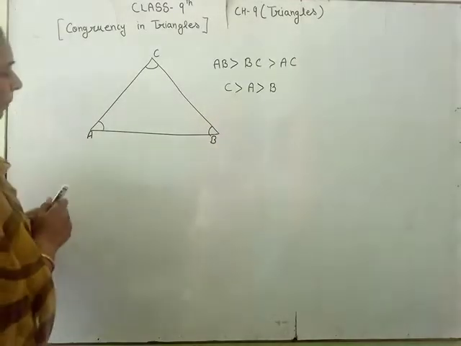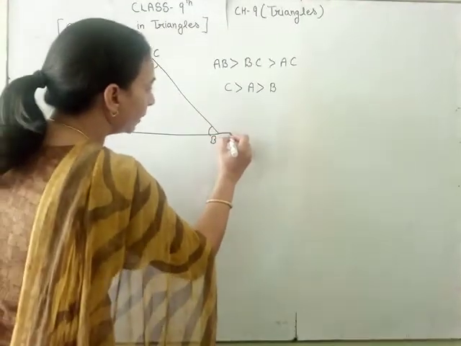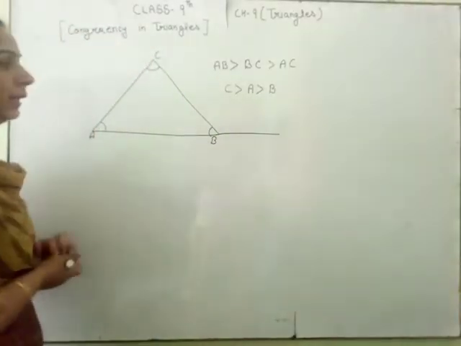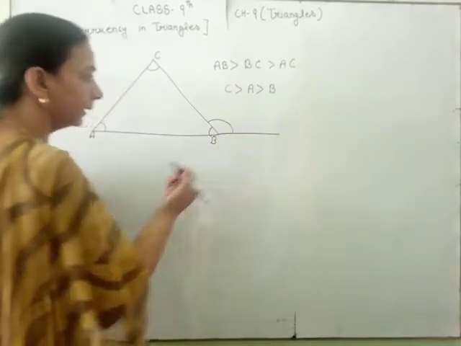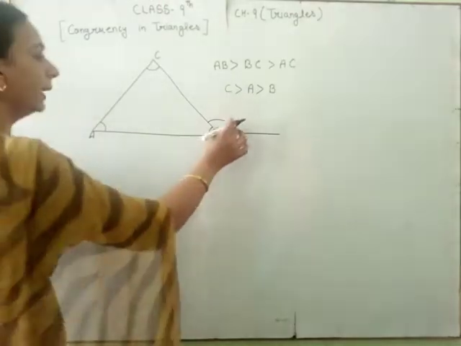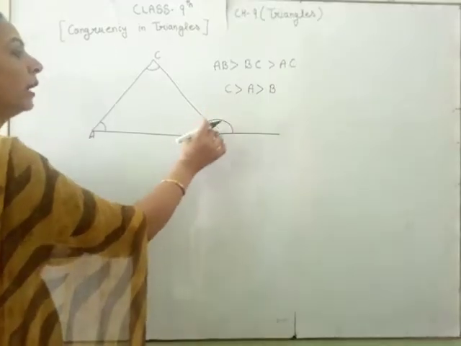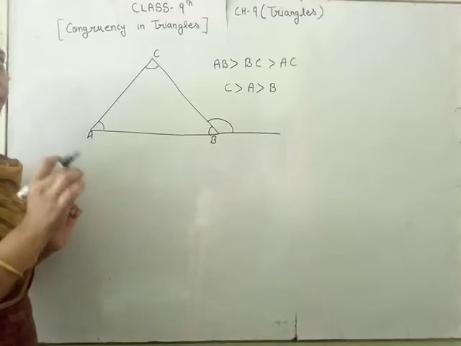Next, if we produce one side of a triangle, then this is the exterior angle. This is the exterior angle, and an exterior angle is equal to the sum of the two interior opposite angles.